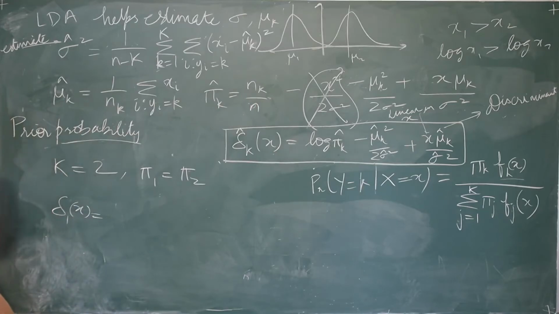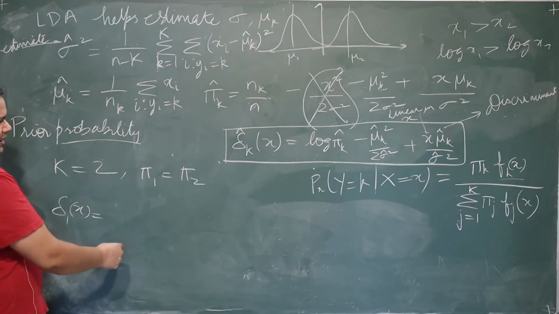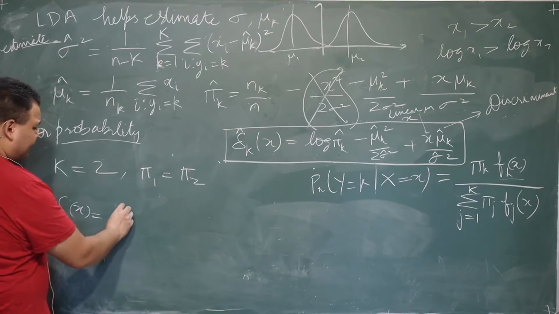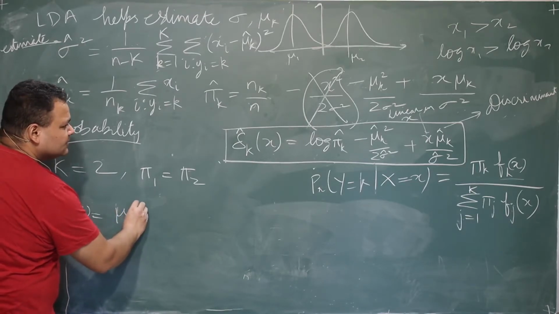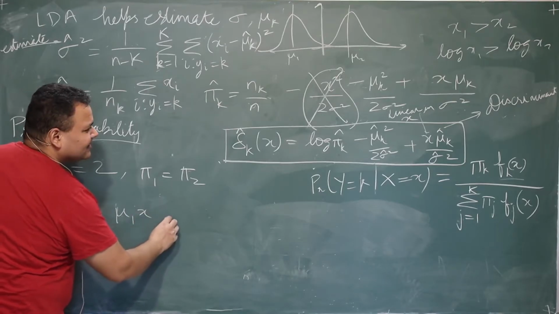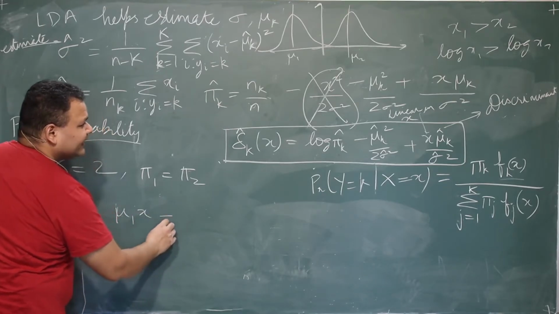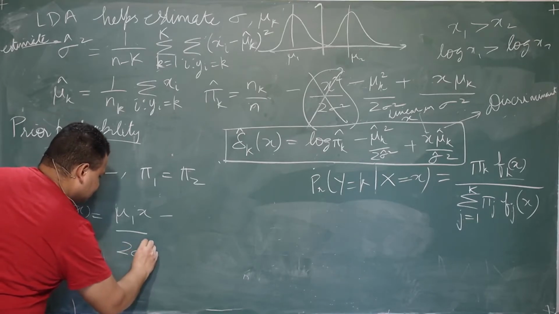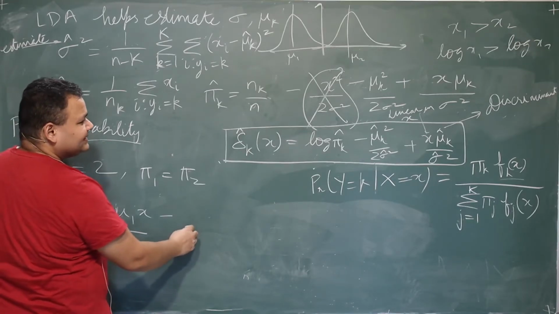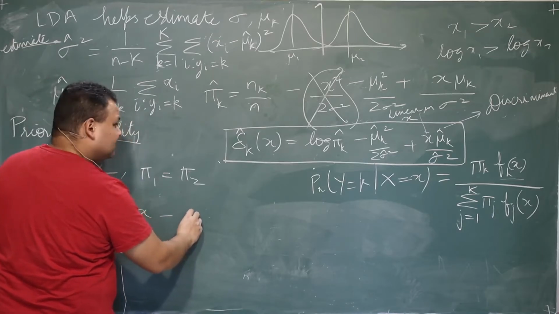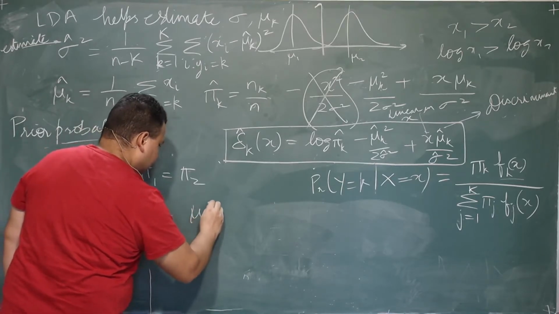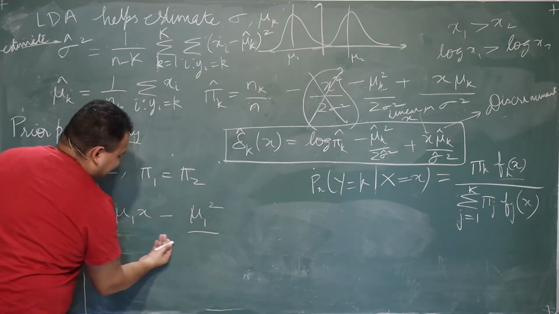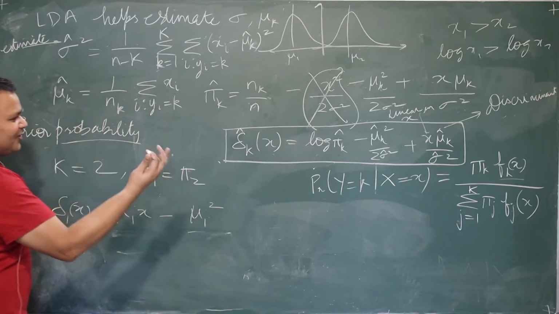So it comes out to be mu 1 x minus over 2 sigma squared minus. The denominator is also the same, so we don't need to worry about the denominator also.